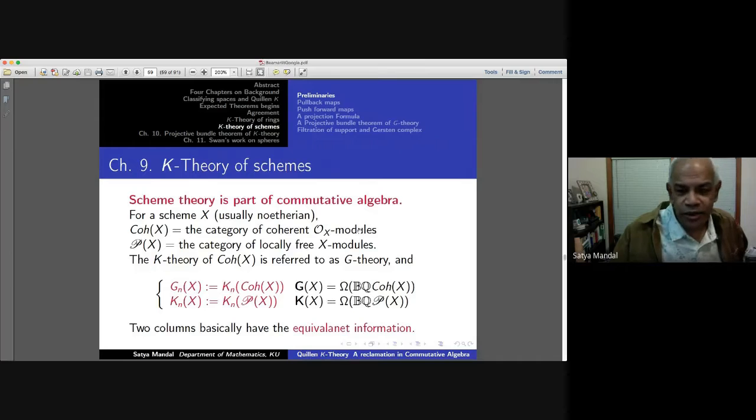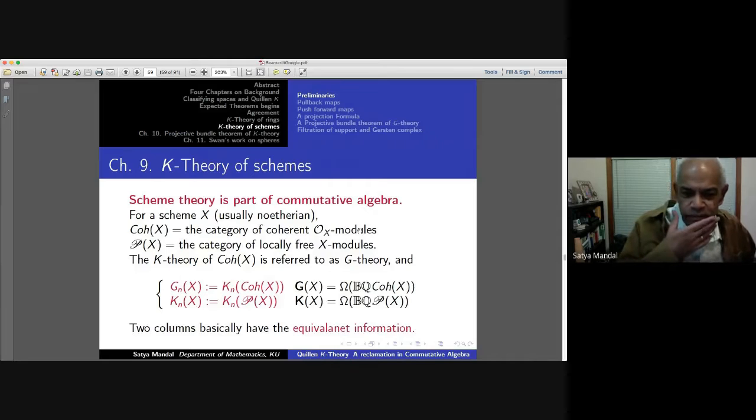Now, as I said, you cannot do very much in the affine case. So we have to talk about schemes. I declare that scheme theory is part of commutative algebra. Scheme theory is easy, because everything you check locally, which is commutative algebra.